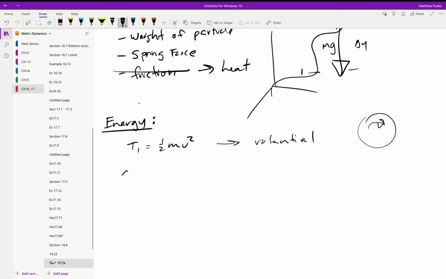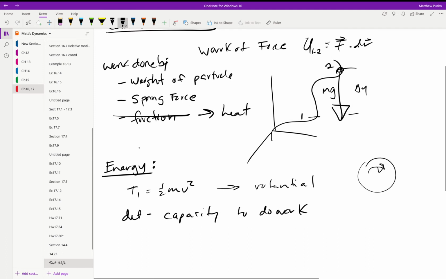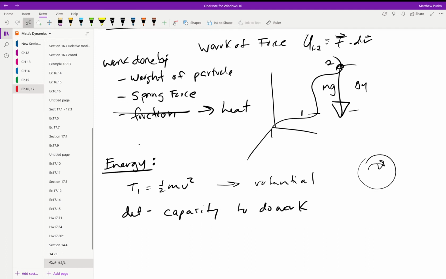So the definition of energy is the capacity to do work. A real basic example again is the weight of a particle. If you lift something up into space, it can turn that into kinetic energy. Remember, work is also defined as the change in kinetic energy, which really just means a change in speed.